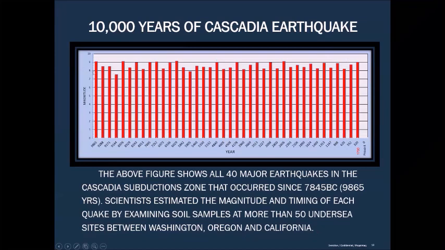We can see that mostly the greatest earthquakes are between magnitude 8 and 9. If we do more analysis, we can see that a magnitude 8.0 plus earthquake happens on average every 246 years, and a magnitude 8.5 plus earthquake happens every 500 years.